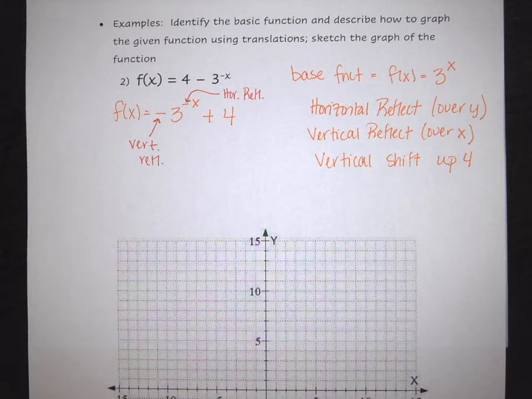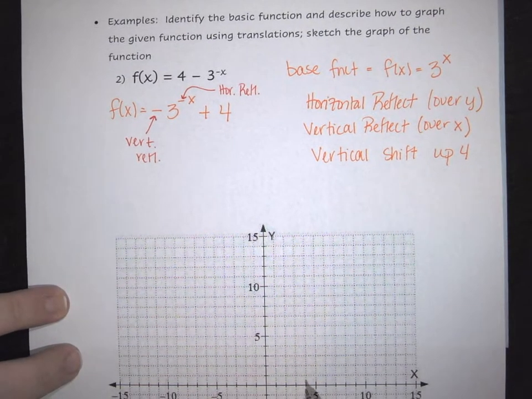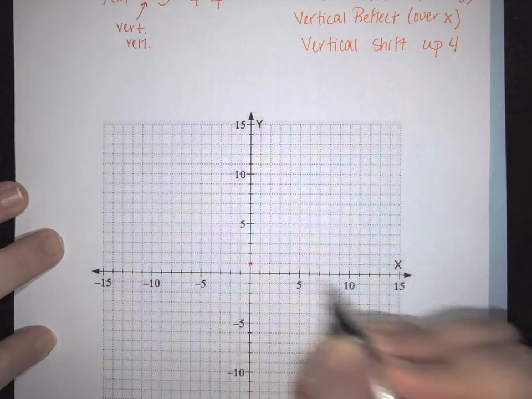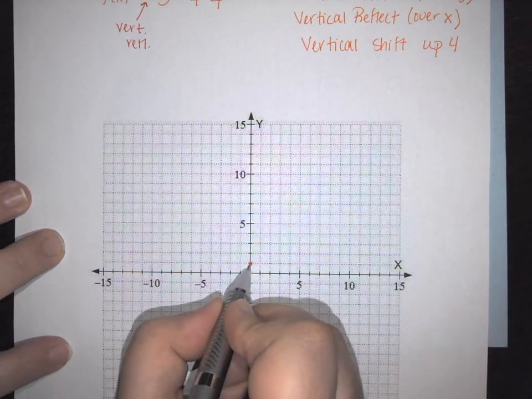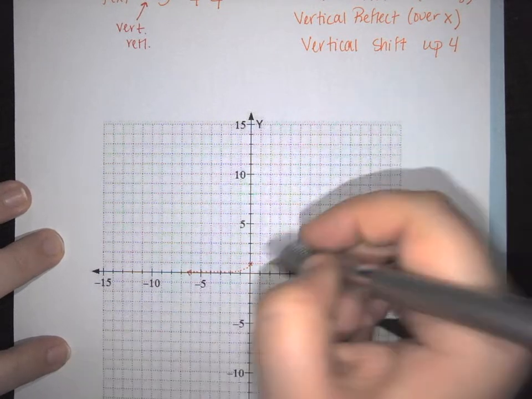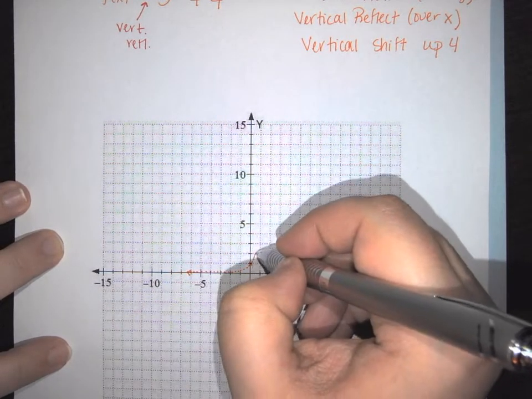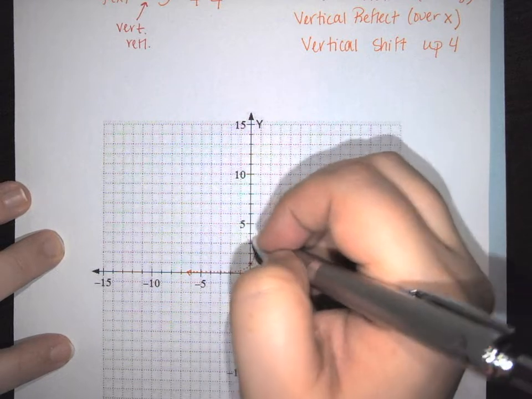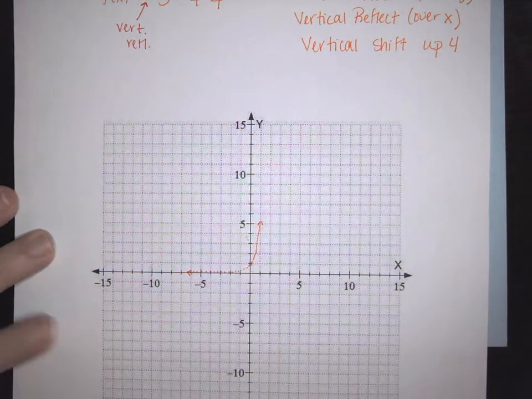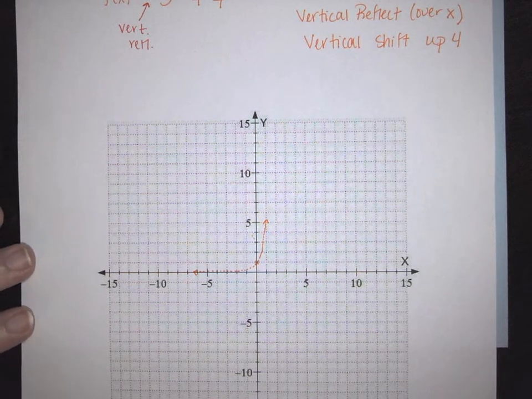So one of the things that we know about the base graph of 3 to the x is that the basic graph is going to cross here through 1. It's going to approach the axis in this direction, and it is going to scale up pretty quickly in that direction. And so that is our basic graph that's going on.